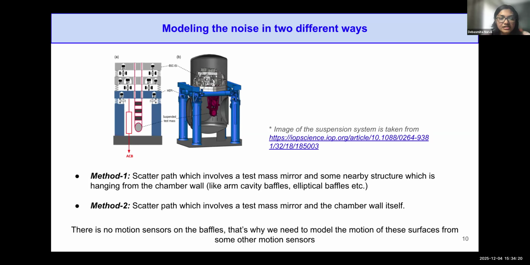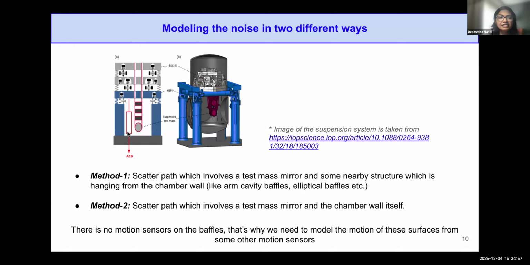We also have some structures like baffles, which hang from this HEPI, and they are just in front of the test mass mirror. These help to block some of the scattered light that is being scattered from these mirrors. In the past, we had issues with these arm cavity baffles. They created some scattered light noise, so initially we suspected them. One of the models that we developed is to explain if there is any scattering going on between the test mass mirror and these baffles.